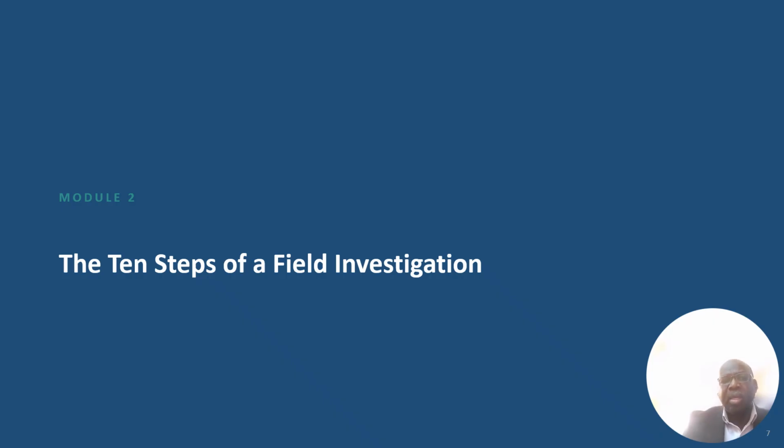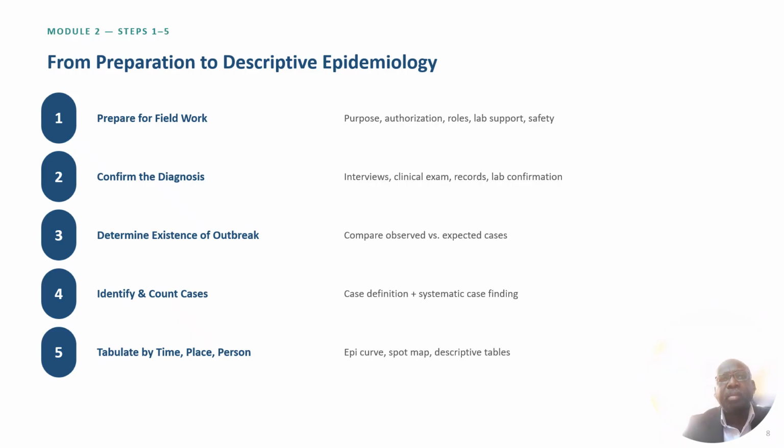Simply, these steps start with preparing for field work, and identifying who is supposed to take the role in outbreak investigation. Then confirm the diagnosis, taking samples and looking to see what the diagnosis is; this step mainly depends on lab investigations. Then determine the existence of an outbreak.